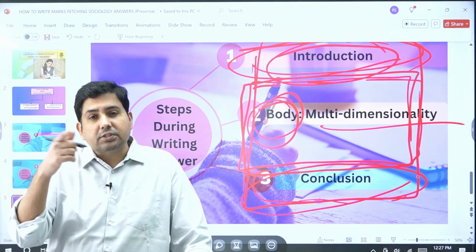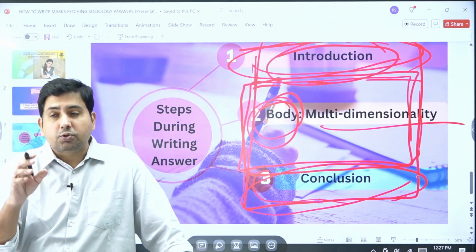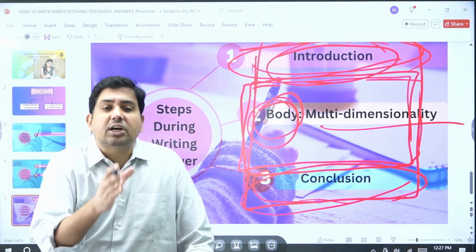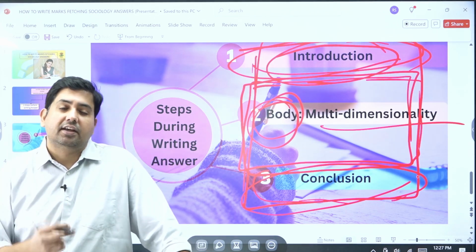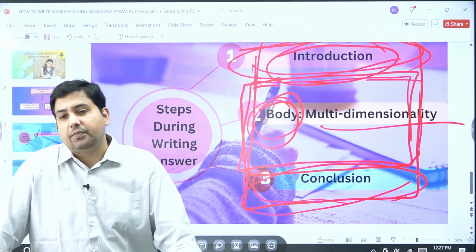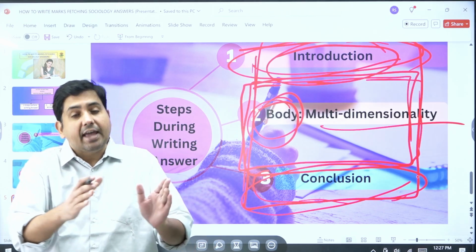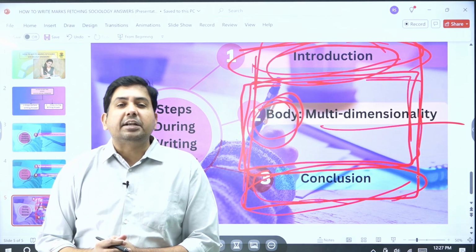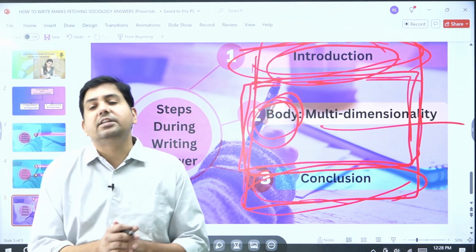If the question is related to conscience collective, depending on the nature of the question, you are expected to mention the nature of conscience collective in terms of, you might have heard, four: determinate, content, intensity and volume. This nature is different in a society based on low division of labor, and the four are completely different when society moves to one based on high division of labor. Such things you are expected to mention in your answer.